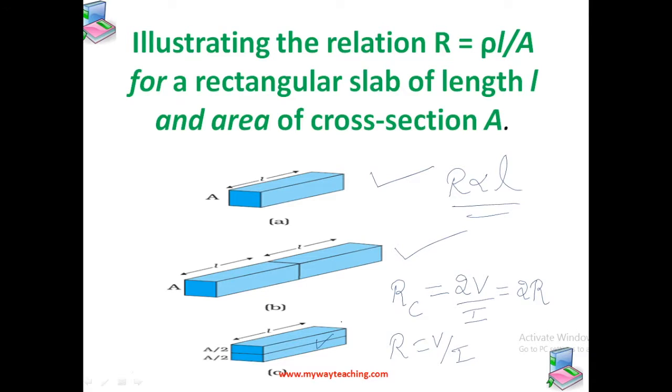For a given voltage V across the slab, if current I is flowing through the entire slab, then clearly the current flowing through each of the two half slabs is I by 2, since the potential difference across the ends of the slabs is the same, V. So the resistance R1 of a half slab is given by V divided by the current I by 2, that is 2V by I, which is 2R.